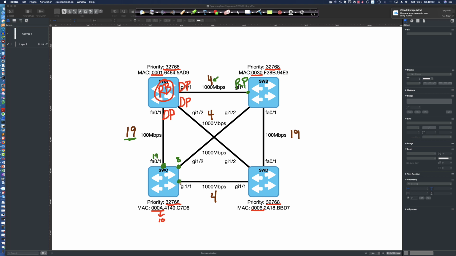Now we've got this link here. I could come to switch D for a cost of 4, and then out switch D's interface here, and the cost would be 8. And we already know that we're not going to come out that interface because it would be 4 and 19. Switch D is going to be sending its best root path cost, which is going across that link for a cost of 4.